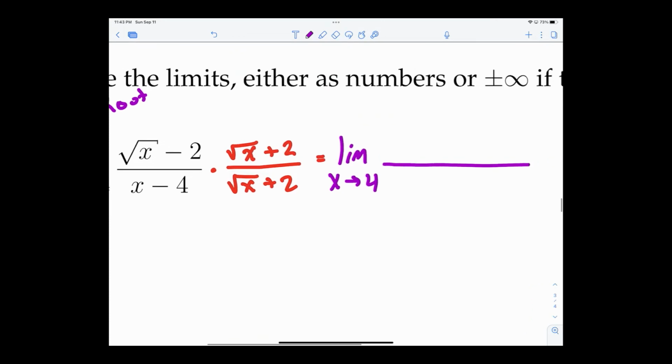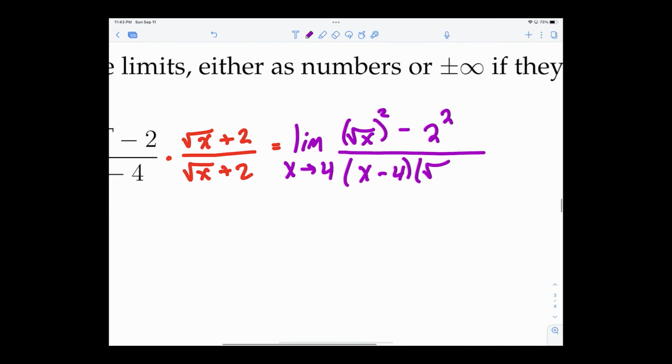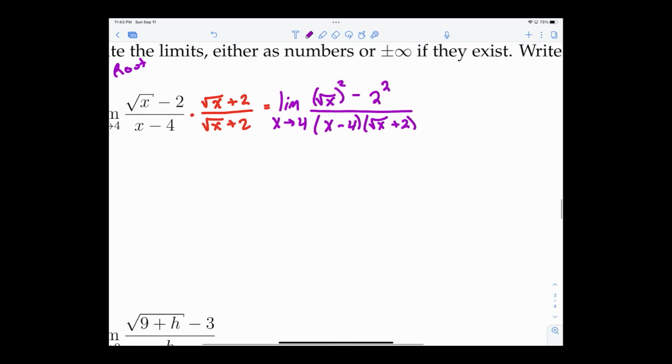So we know what's going to happen is you're going to get the a squared minus b squared, so root x squared minus 2 squared on top. And if you remember what I told you to do in the denominator, it was not much. Don't simplify the denominator, just leave it like that. Now, you multiply that out in the numerator.